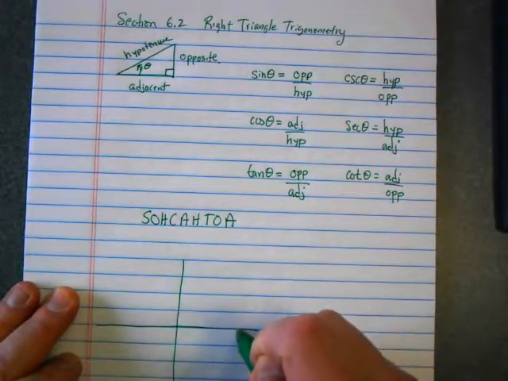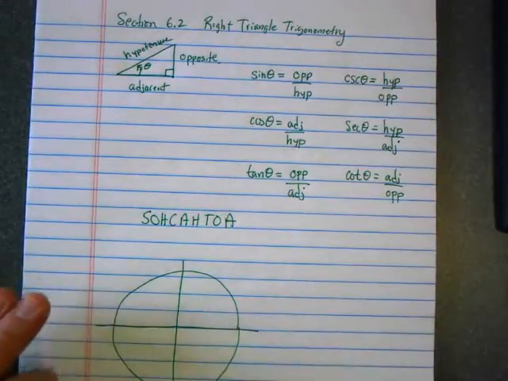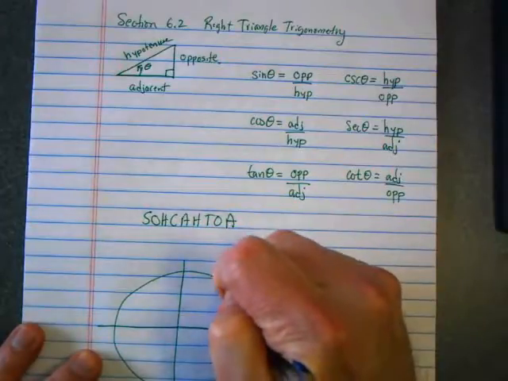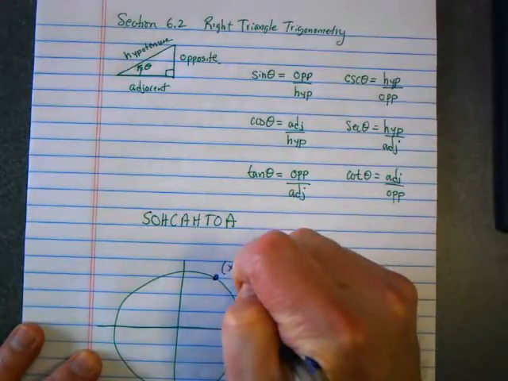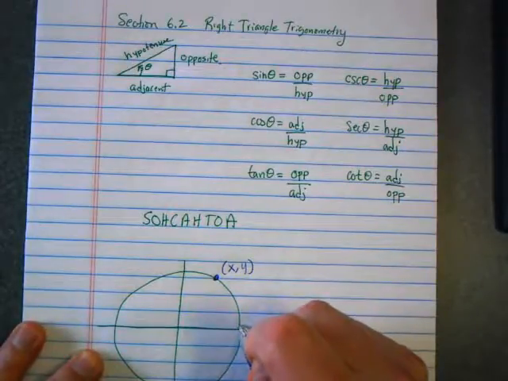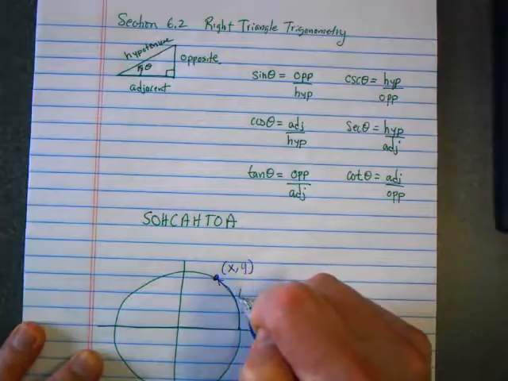All right, so let me draw you a unit circle. Here's a unit circle. On the unit circle, if I picked a point right here, x comma y, and we called this arc length right here t.